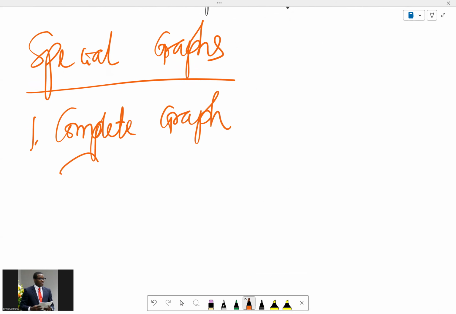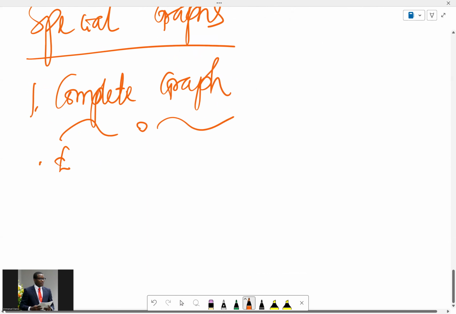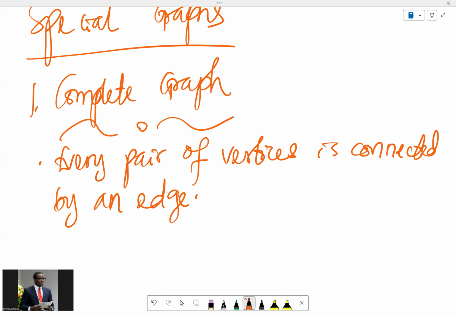When do you say that a graph is complete? In this case, every pair of vertices is connected by an edge.